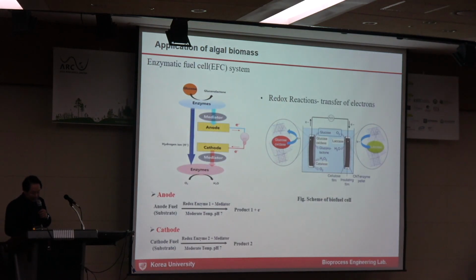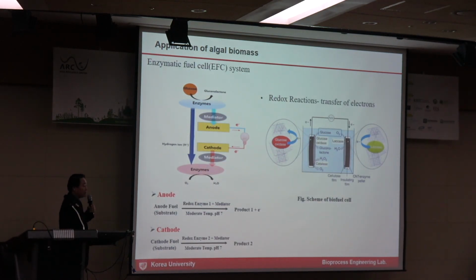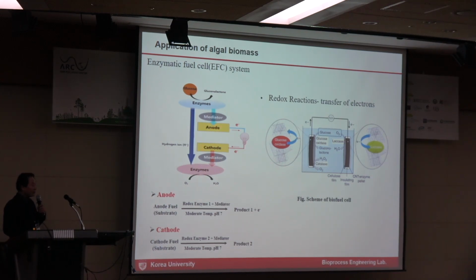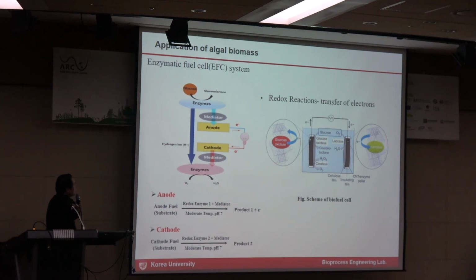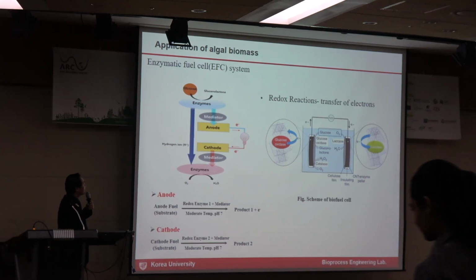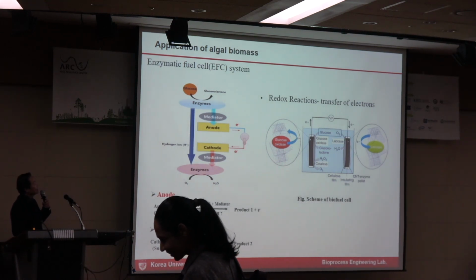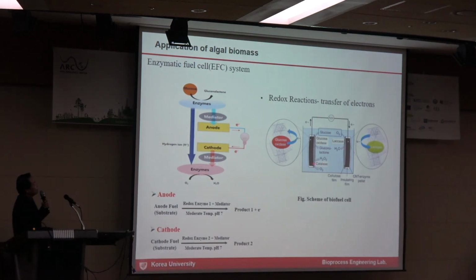The other application is the enzymatic fuel cell. As you know, there is an anode and cathode, and we can use two kinds of redox enzymes, like glucose oxidase and laccase. You can immobilize those enzymes onto the surface of electrodes to produce electricity.